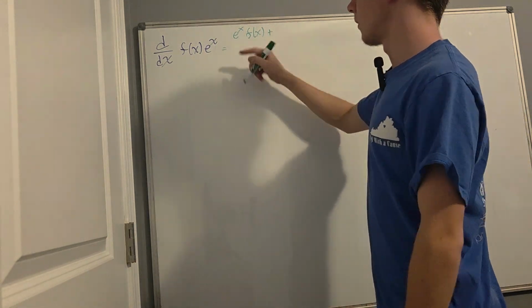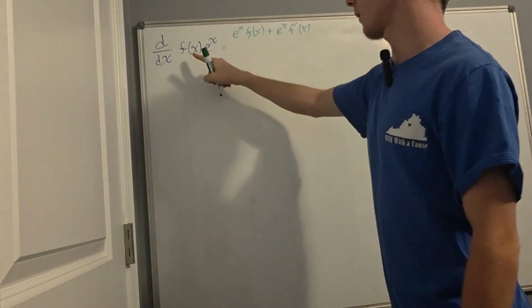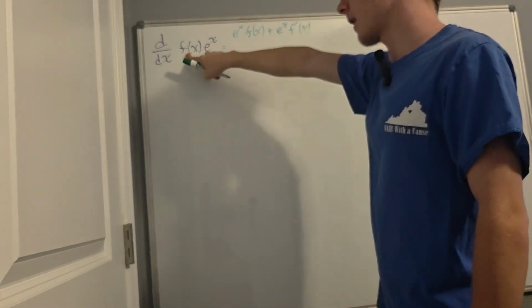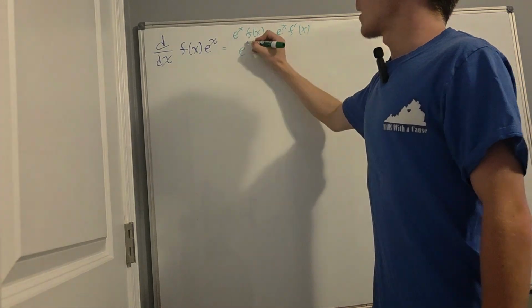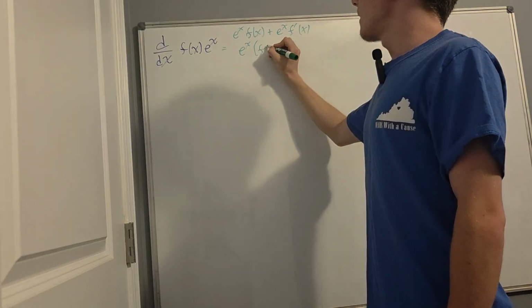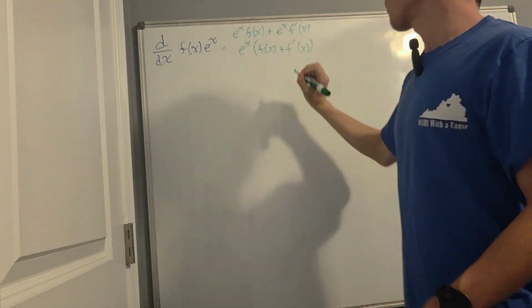And then here we have e to the x f prime of x, because now we have this times that's derivative. If you look at this, we can factor out the e to the x, so we end up with e to the x times f of x plus f prime of x. And this does some pretty cool things.